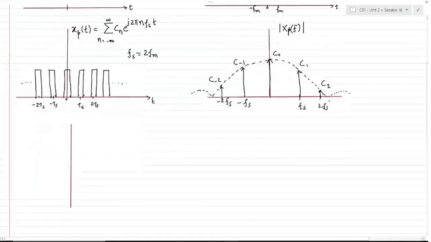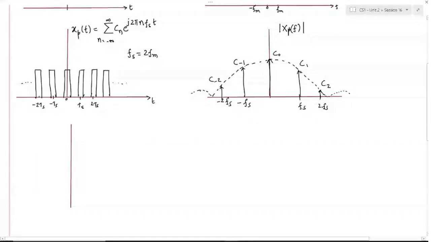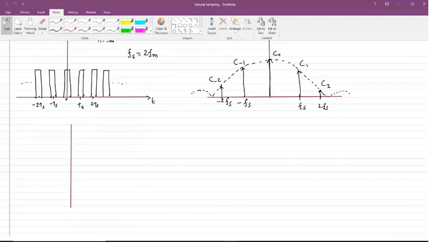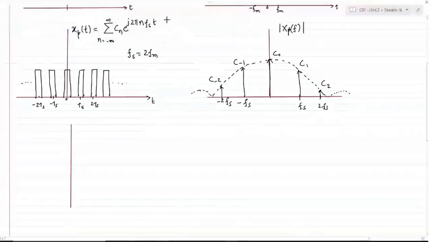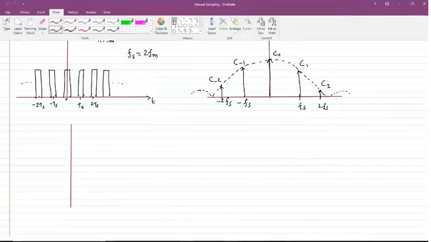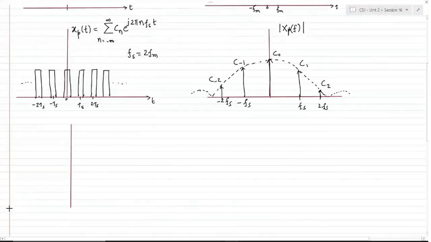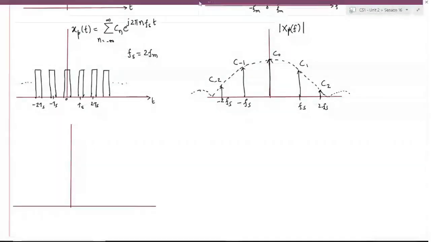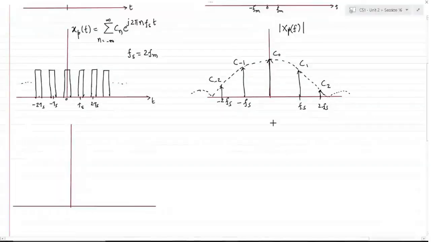These amplitudes are the coefficients which virtually take the amplitudes of the sinc function itself. Okay, if I try to plot this sampled version in both time and frequency domain, how does it look? Just give me a minute so that I can draw.